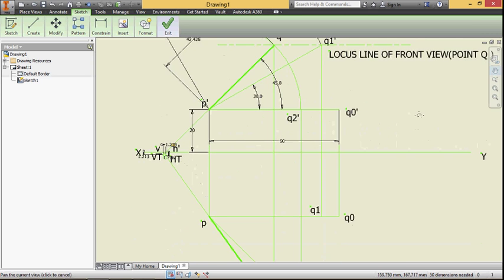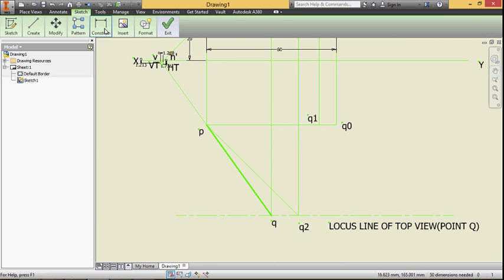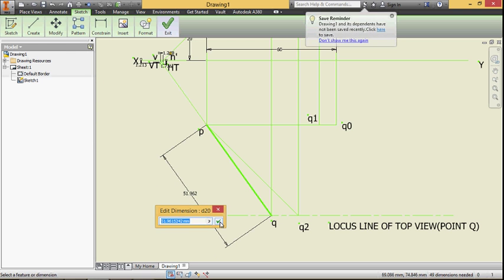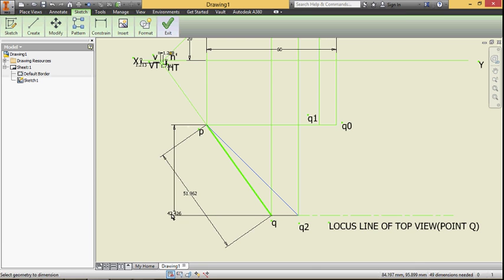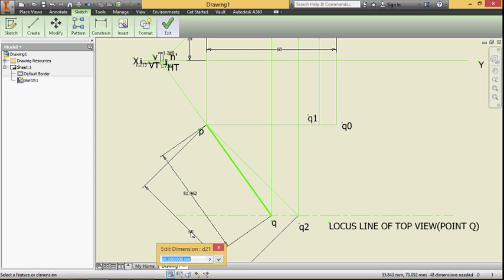Now consider the top view. The length of the top view is 51.962 millimeter. PQ2 is the true length, which is 60 millimeter, and this true length makes an angle of 45 degree with VP.